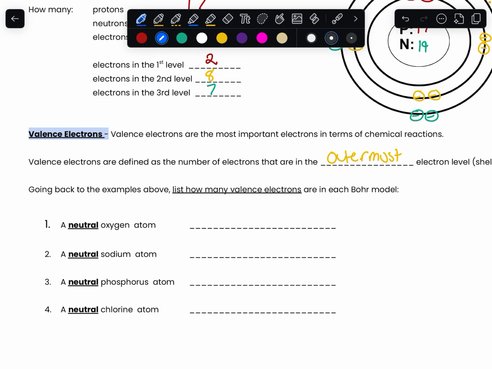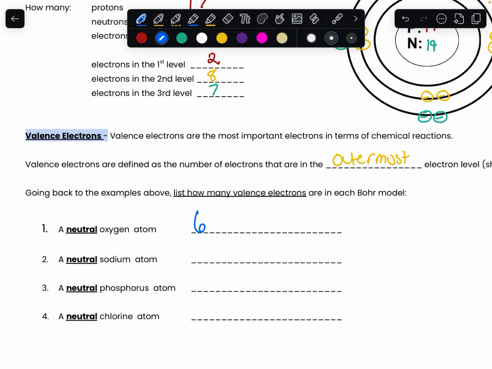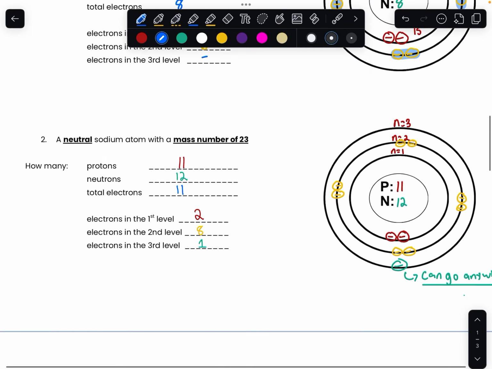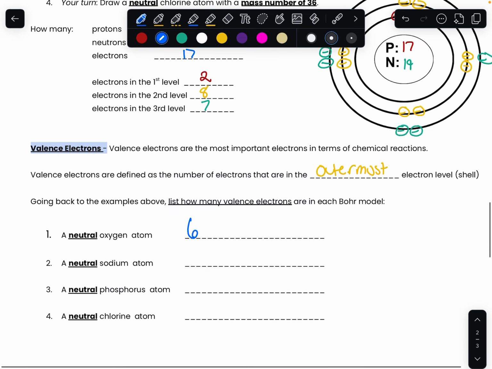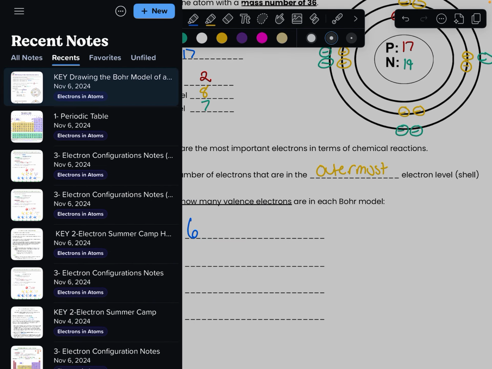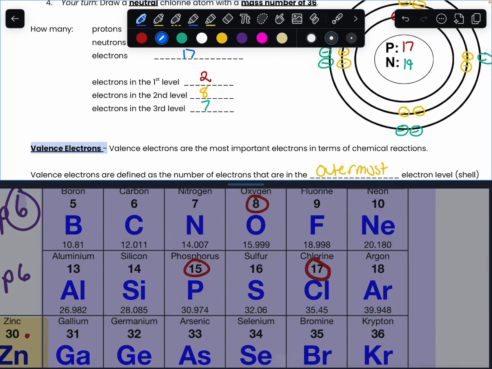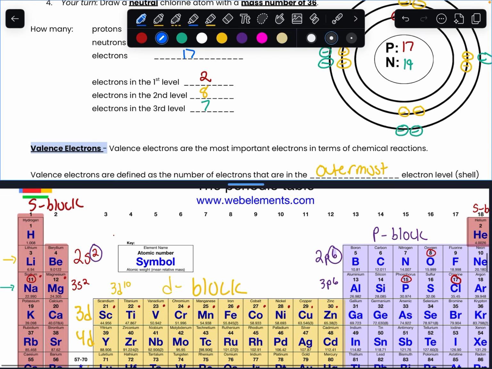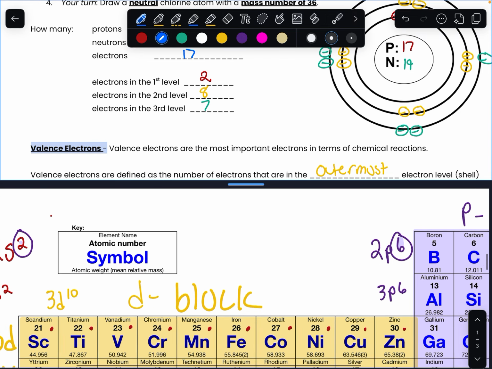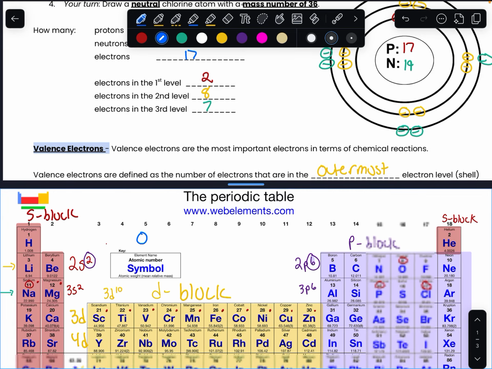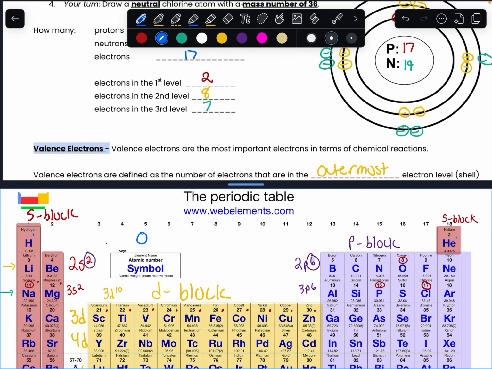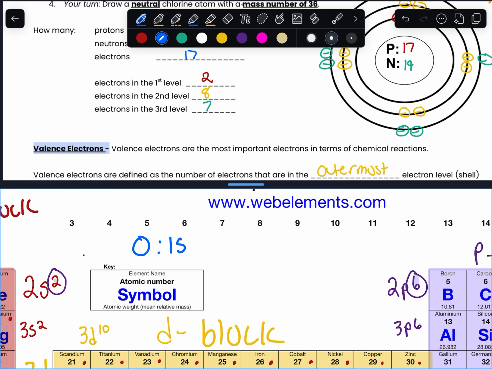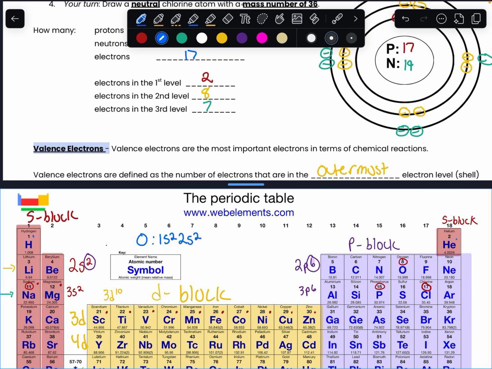Now, what are those valence electrons? If I were to do the electron configuration of oxygen, we can kind of split screen with the periodic table to do this. Oxygen would have the configuration of 1s2, 2s2, 2p4.